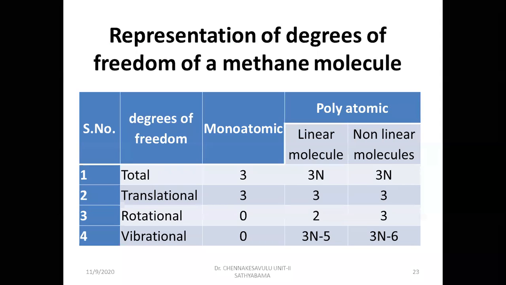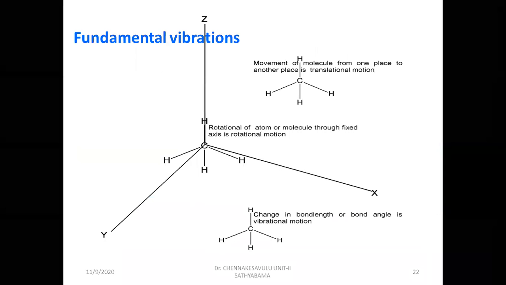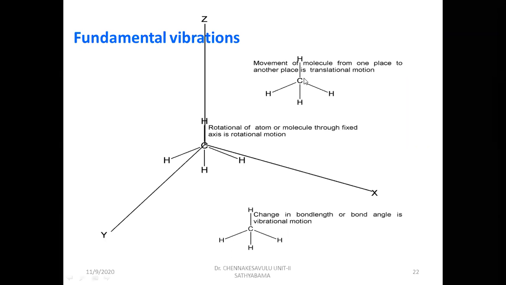So now, the representation of degrees of freedom. What is meant by degrees of freedom? If you want to define a methane molecule in three-dimensional space, we need a minimum number of variables, okay? That minimum number of variables is known as the number of degrees of freedom.